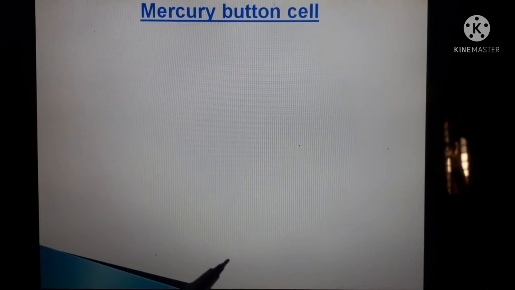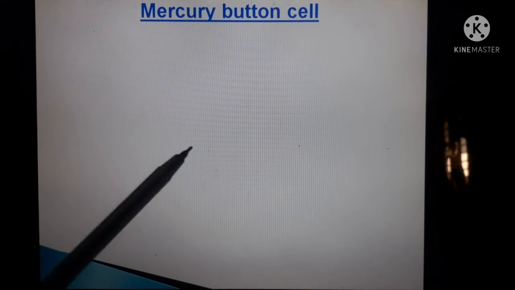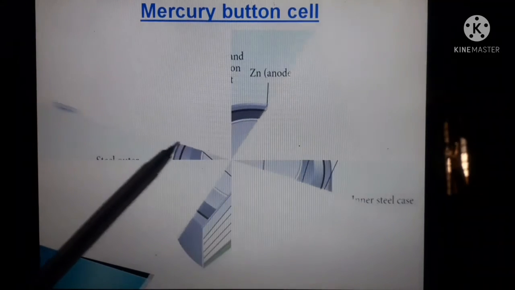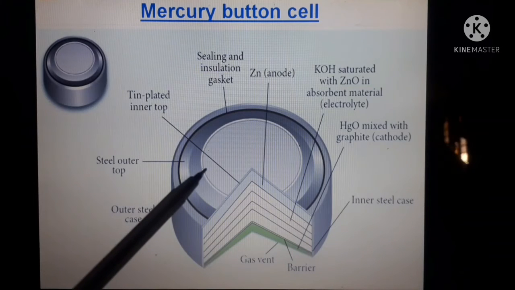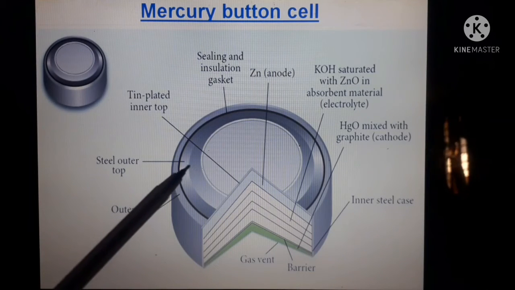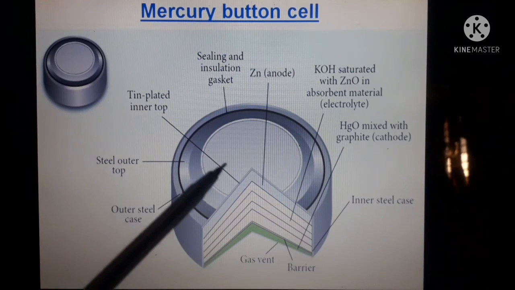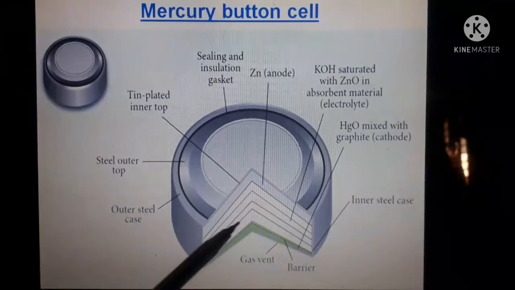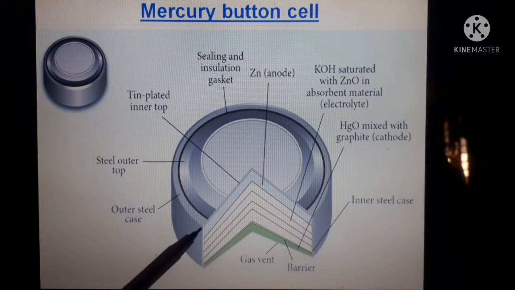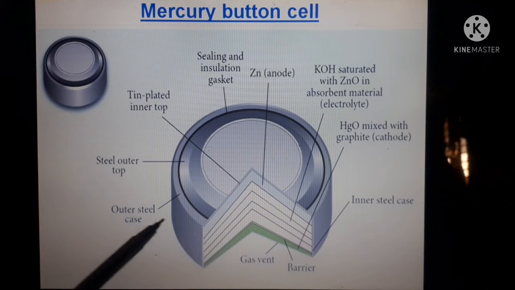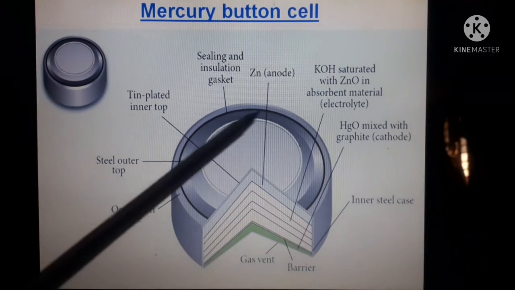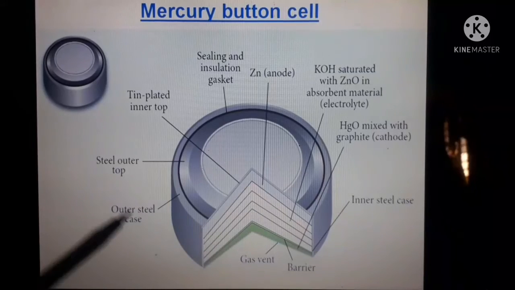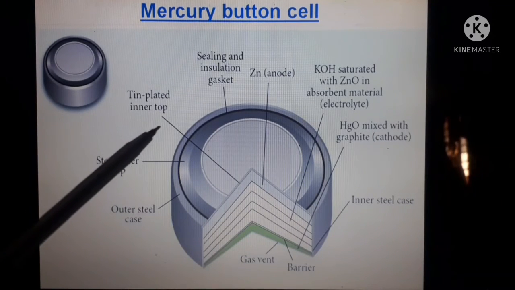Next, the mercury button cell. The mercury button cell is used in watches and calculators and inside CPUs. This is the image of the button cell type. In this button cell, the outer steel case is the top of the cell, and then the tin plated inner top.